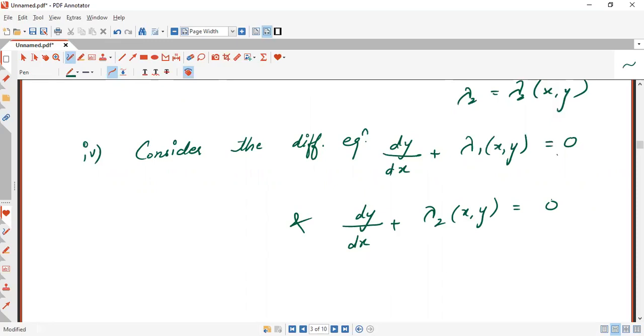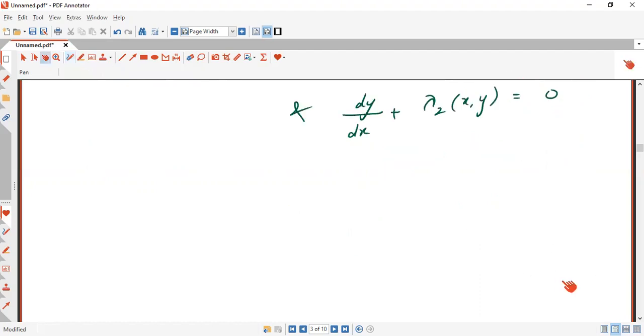Let us assume the solutions of these two differential equations are f and g, where f and g are again in terms of x and y. You have got the two solutions, which you can consider as xi and eta. That's it, and we're done. These are the steps to find xi and eta basically.